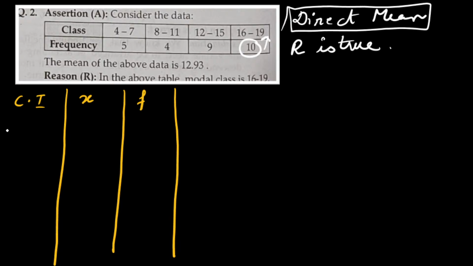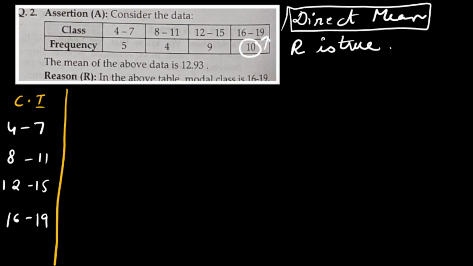Okay, so class intervals 4 to 7, 8 to 11, 12 to 15, 16 to 19. You see here the class intervals. The first interval is 4 to 7.